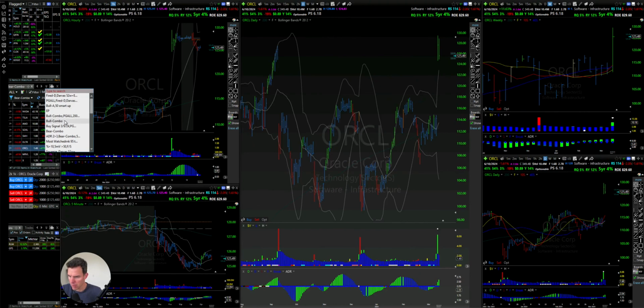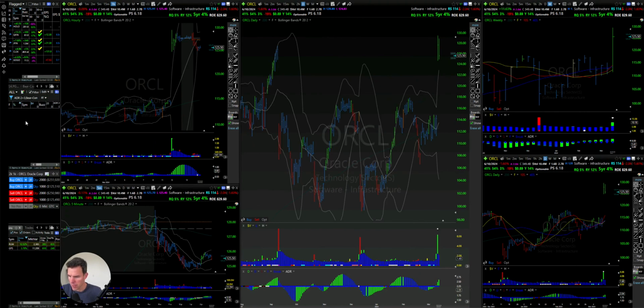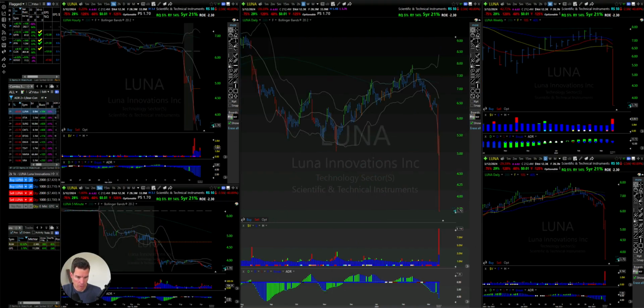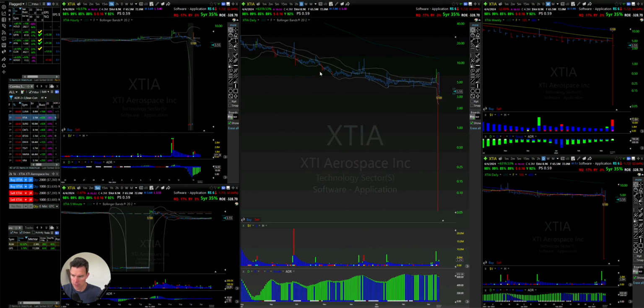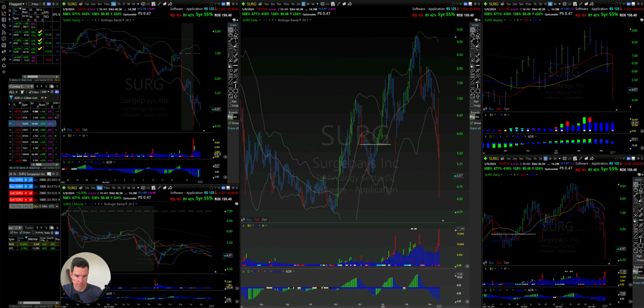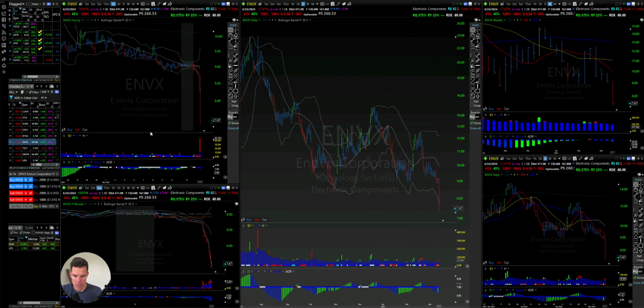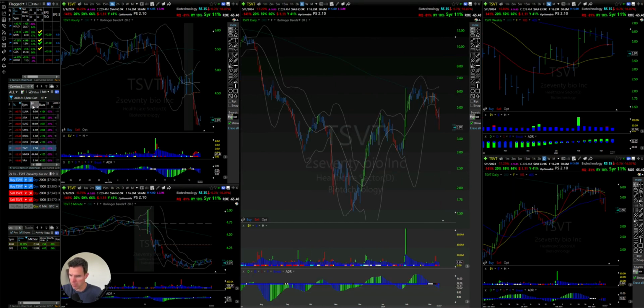So, bear combo. Bear combo with additional filters. These are basically in downtrends. Luna. I think Tesla would probably be the dollar volume one on that.